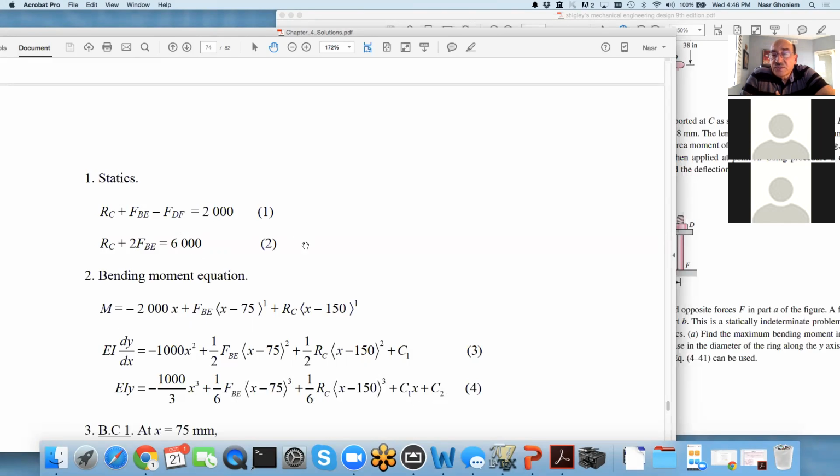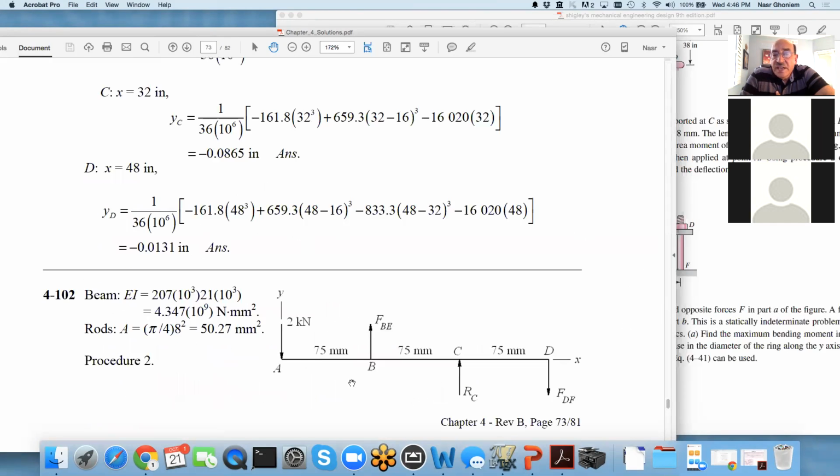I have two equations, 1 and 2. I need 3 other equations from the deflection equation 4. And that is the boundary conditions here at the bolt. So at the bolt I know the deflection is related to the force.